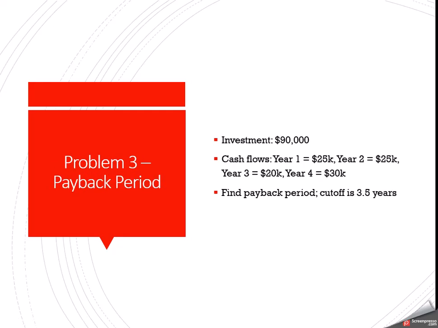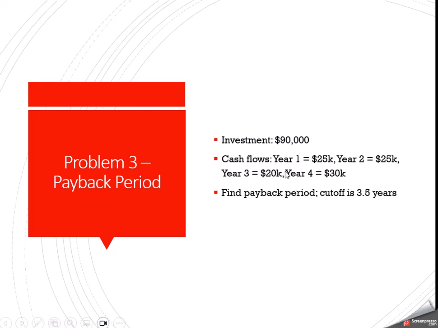Okay, the payback period is a little bit easier. You don't have to factor in the time value of money. You want to know at what point do you earn back your investment. So if the investment is $90,000, year 1, we get $25,000. Year 2, we get $25,000. So we're up to $50,000. Year 3, we're going to get $70,000.